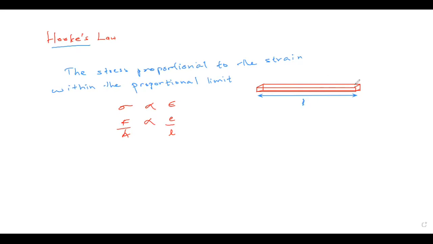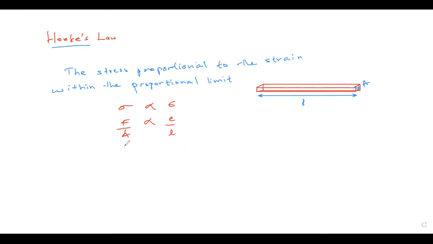And this cross-sectional area, let's say that is capital A. Then we subject it to a force F, so that it will attain extension E. So when applying a force, this one will have extension E. Now F over A is proportional to E over L.